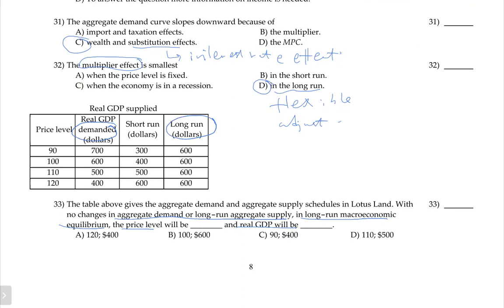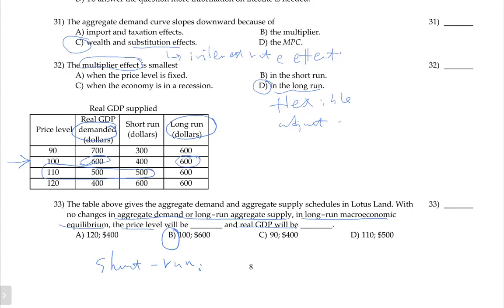Okay, and then you can see the answer is going to be B. Right, so in this row, these are going to be equal to each other. And in the short run, the equilibrium is going to be in this row.